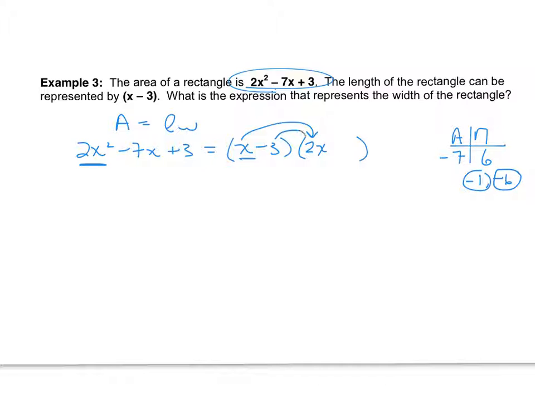Well, here's where our -3 times 2x gives us our -6x, which means I would need a -1 here, so that when I multiply the x by -1, I get a -1x. Here's my -6x to make my -7x, and -3 times -1 is +3.